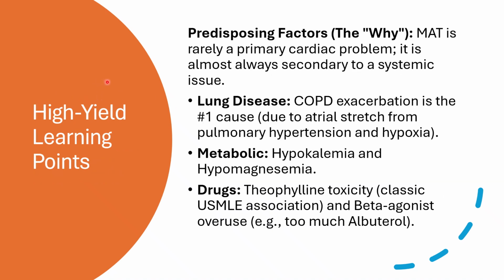Alright, so reviewing some high-yield learning points for this case. Predisposing factors to multifocal atrial tachycardia: we have lung disease. COPD exacerbation is the number one cause, from the atrial stretch and hypoxia that's present, which could precipitate this type of arrhythmia.